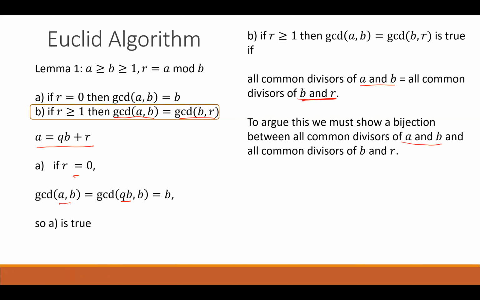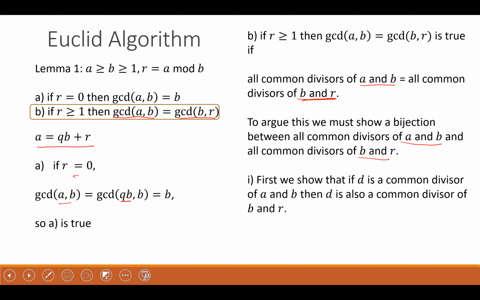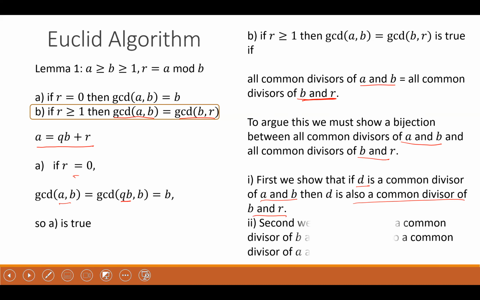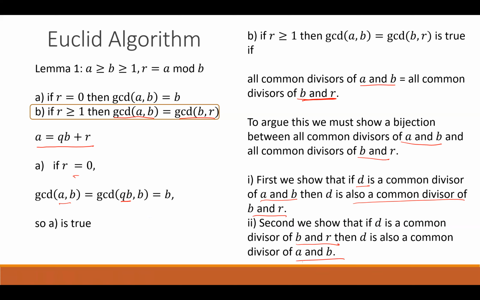So I have to argue that all of the common divisors of A and B, and all of the common divisors of B and R are the same. To do that, I'm going to show that if a number D is a common divisor of A and B, then it is also a common divisor of B and R. And also, if I have a common divisor of B and R, then that's also a common divisor of A and B. If I can show that bijection, that means they have every single divisor in common, and that means the greatest divisor they also have in common.